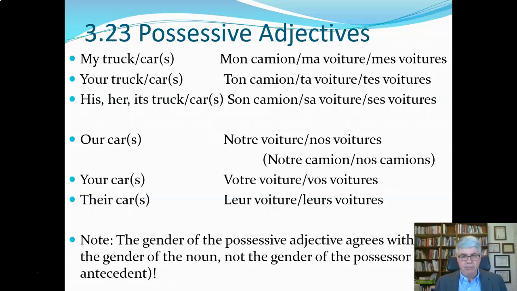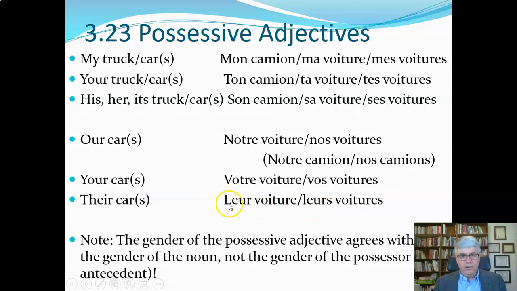No difference between masculine and feminine. And vos voitures would be the plural. So notre goes to nos, votre goes to vos. And then their car or their cars or their truck or trucks would be leur and leur.